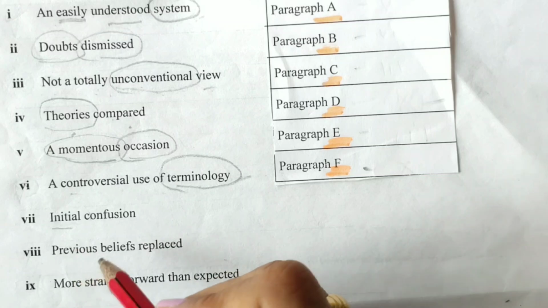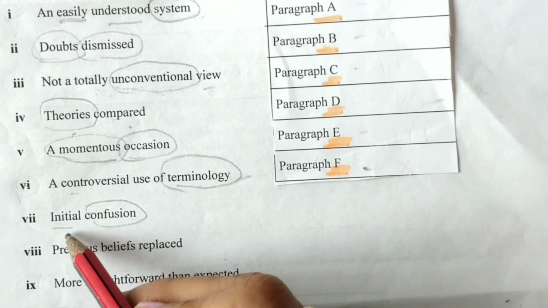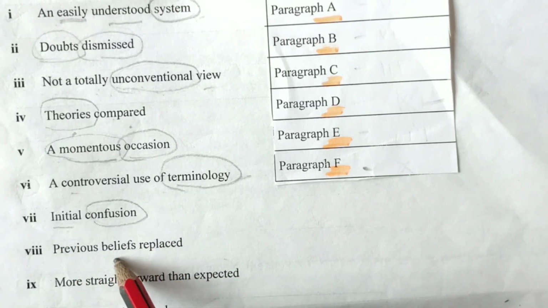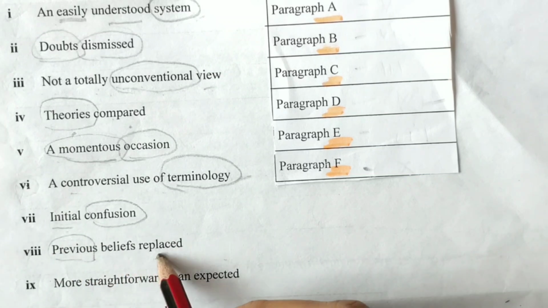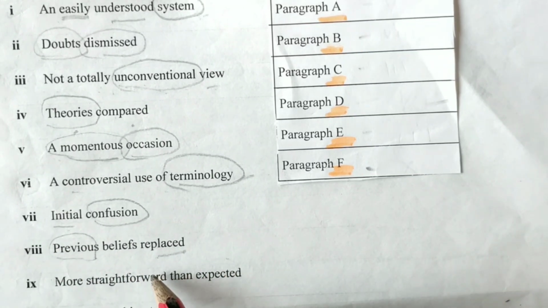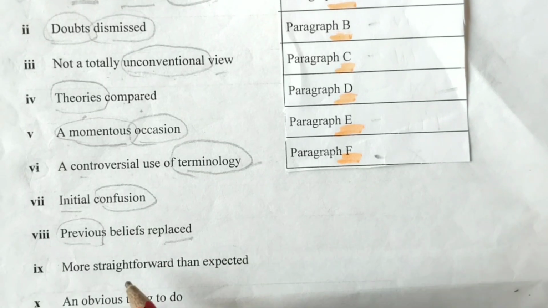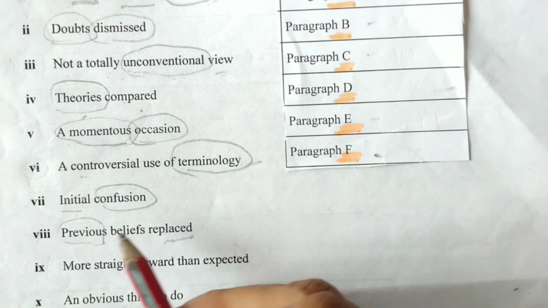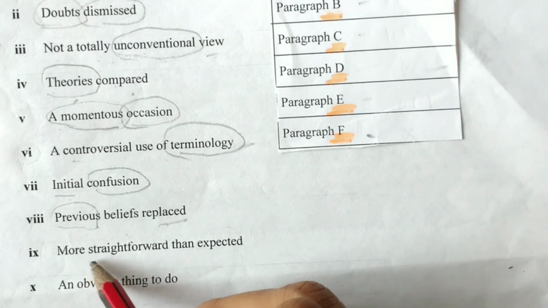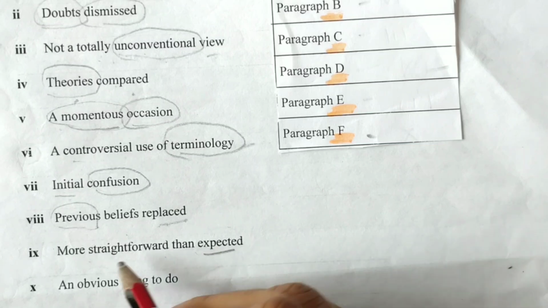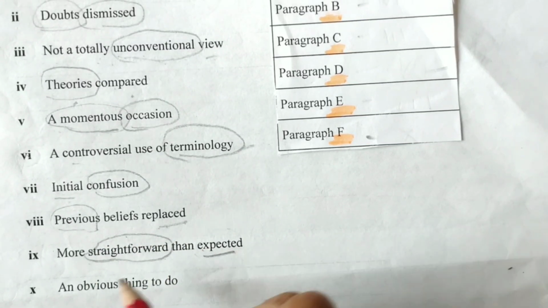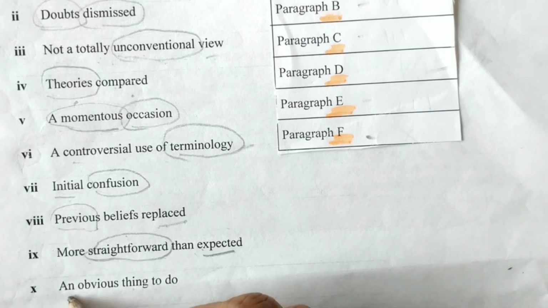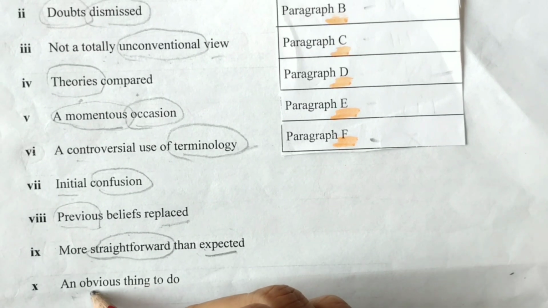Initial confusion: early confusion. Previous beliefs replaced: previous old beliefs replaced with something modern, meaning old views replaced. More straightforward than expected. An obvious thing to do: something important to do.